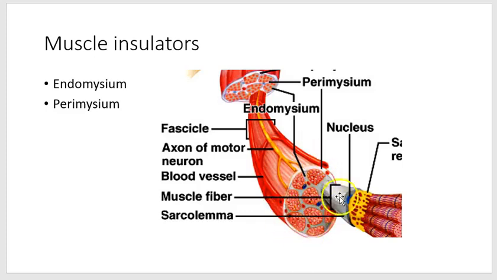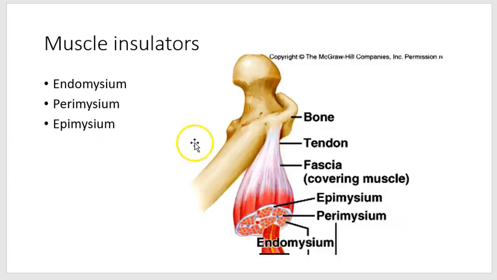And then all those muscle fibers get wrapped up in that fascicle, which has its own perimysium. So endomysium, you can think of it, endo as an inside around the individual muscle fiber. Perimysium, peri means next to, and so is going to be wrapping a group of muscle fibers into that fascicle. And then you have your epimysium. Epi means on top of. Mysium's talking about that muscle, and so it is on top of, covering the entire muscle.